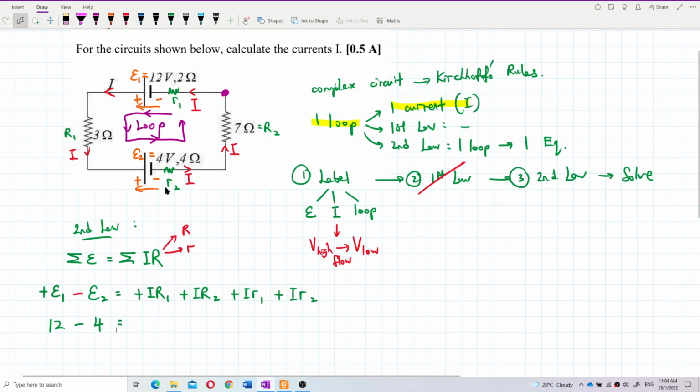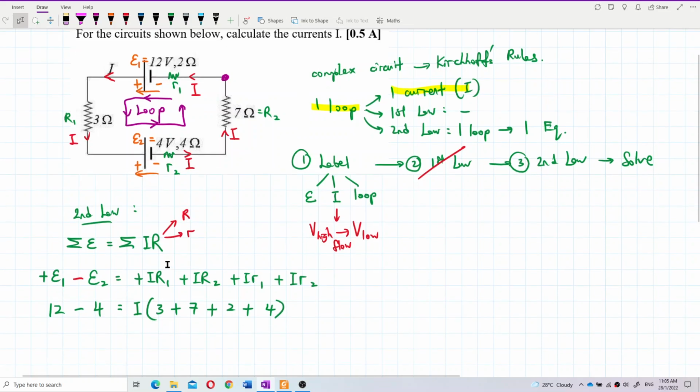So actually we can factor out the current, and then all these resistors together. Resistor 1 is 3 ohm, resistor 2 is 7 ohm, R1 internal resistance is 2 ohm, and R2 internal resistance is 4 ohm.